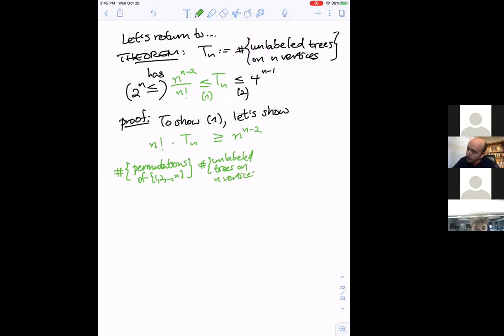And n to the n minus 2, by the Cayley-Borchardt theorem, is the number of labeled trees on 1 through n. All right, that's our Cayley-Borchardt.